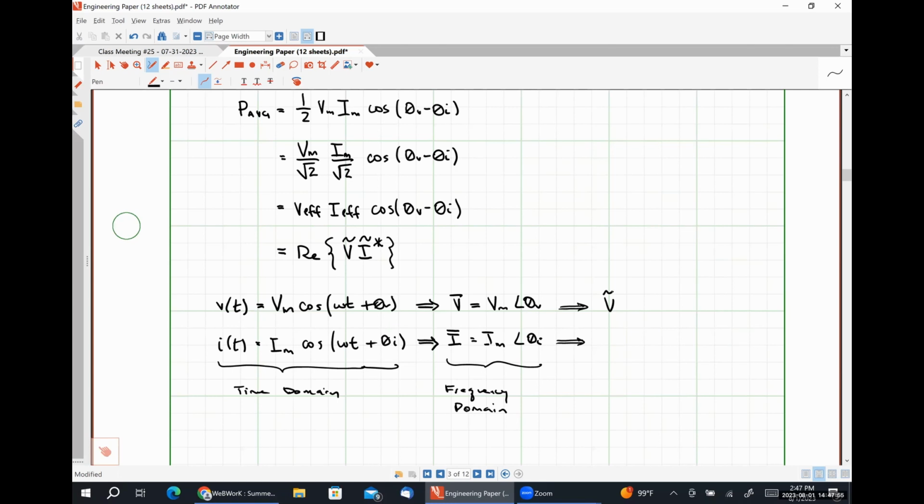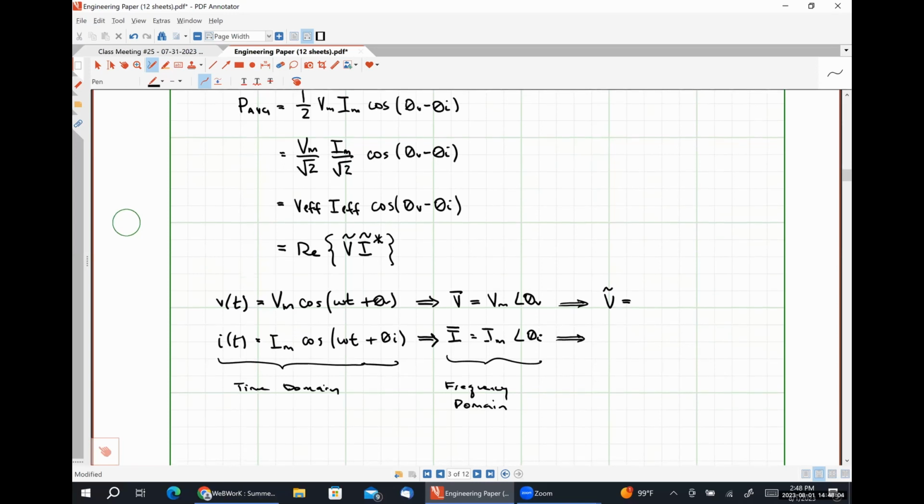So if I have an RMS phasor voltage V, that is nothing more than my phasor voltage V divided by the square root of 2, which is going to be Vm angle theta V divided by root 2, or V effective with an angle of theta V. And I can do the same thing for my current, right?